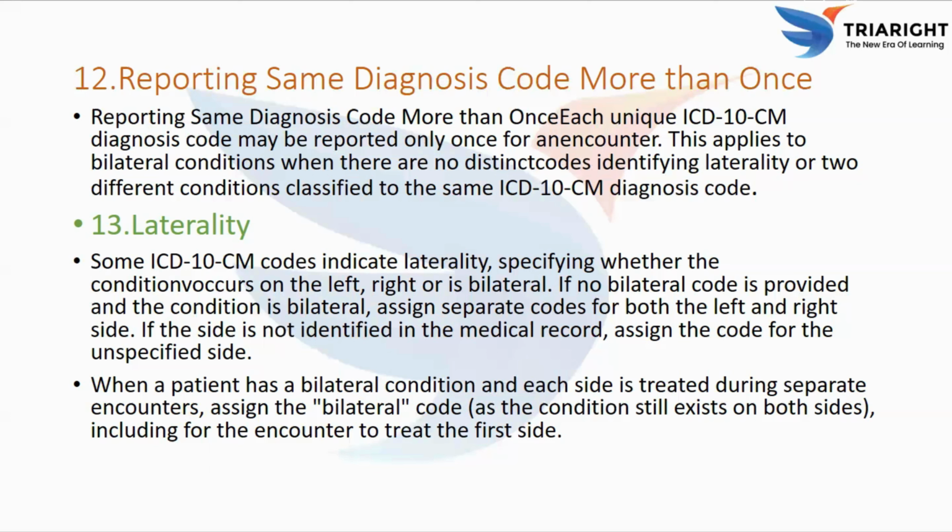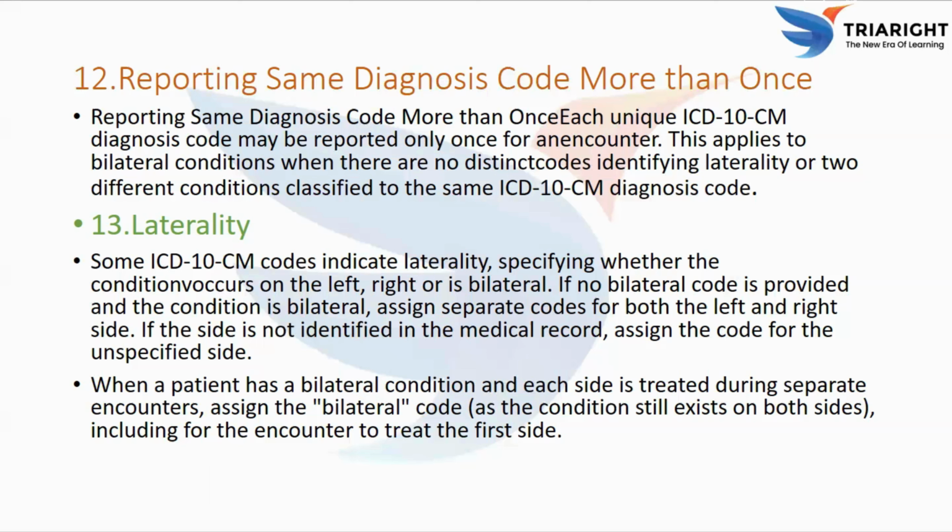So what are the rules of coding laterality? If ICD-10 provides specific codes for left, right or bilateral, you have to use them correctly. If no bilateral code exists, you have to assign two codes, one for the left side and one for the right side. If the side is not mentioned in the medical record, you have to use the code for the unspecified side.